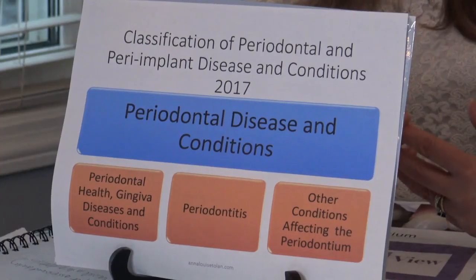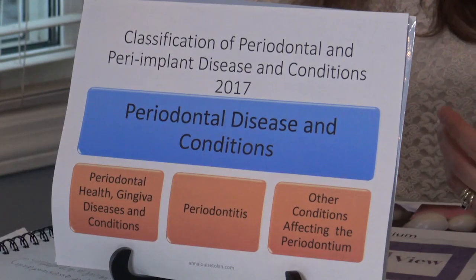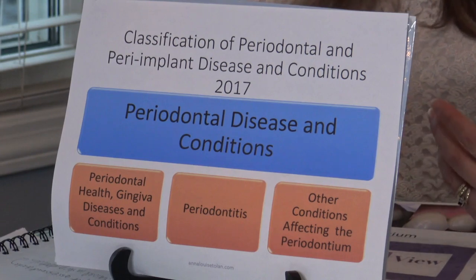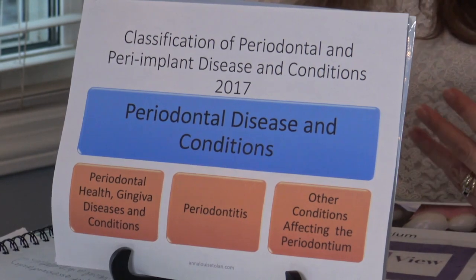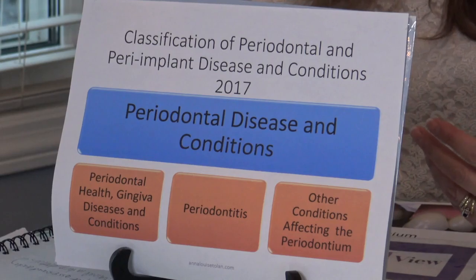Great. So the periodontal health category is an exciting category because never before have they defined what health is. And so that was a big deal, to get that definition and make sure they all agree.